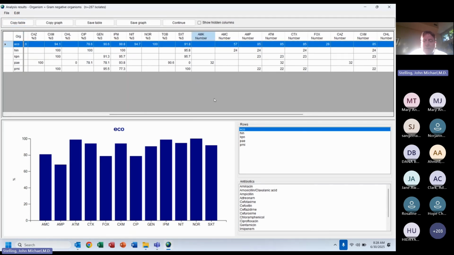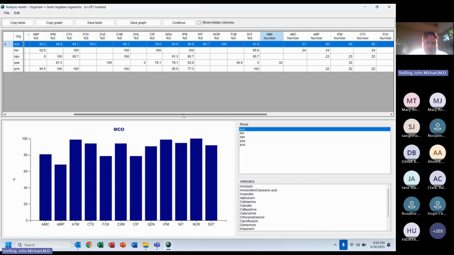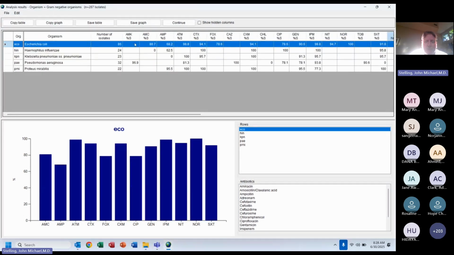They've automatically been deleted. Not only has the denominator been deleted, but the statistic has also been deleted. There used to be a number here. So we have deleted organisms that have fewer than 20 isolates. We've also deleted antibiotics that were tested fewer than 20 times or fewer than 20% of the time.